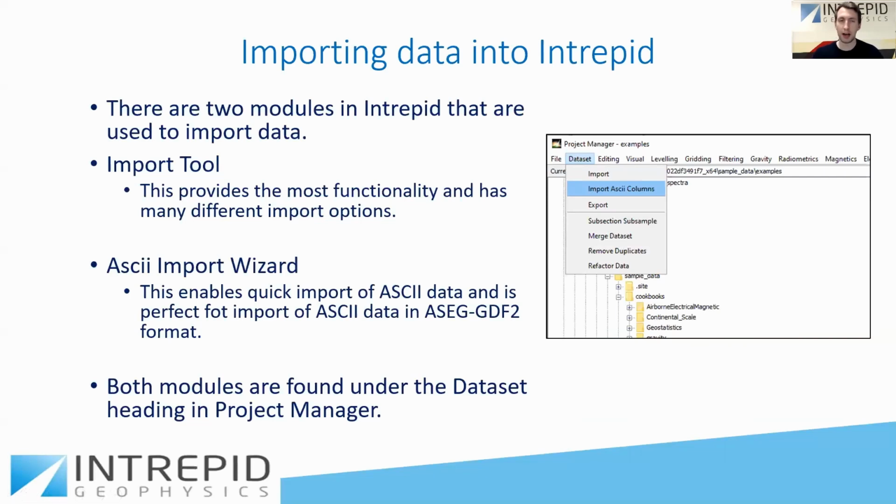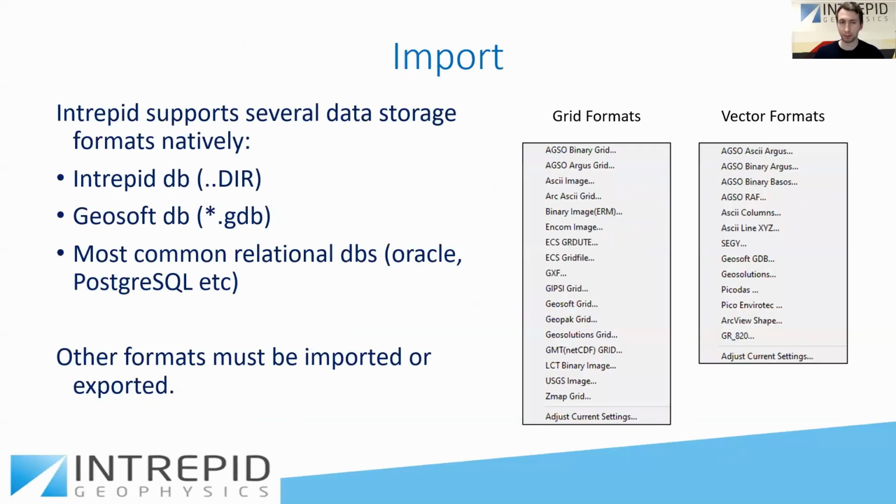Both modules are found at the dataset heading in the project manager. And Intrepid supports several data storage formats natively, such as the Intrepid database, GeoSoft database, and most common relational databases as well, like Oracle, PostgreSQL.